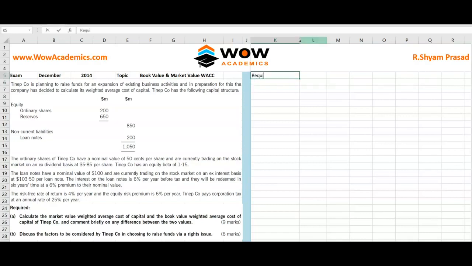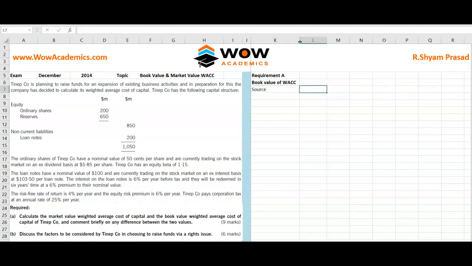It's going to be requirement A, and we are going to find out the book value of WACC. For solving this, we have to create a table.